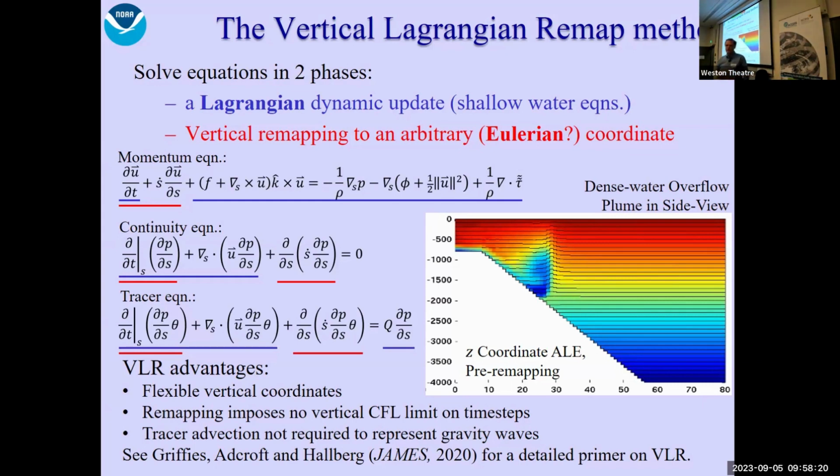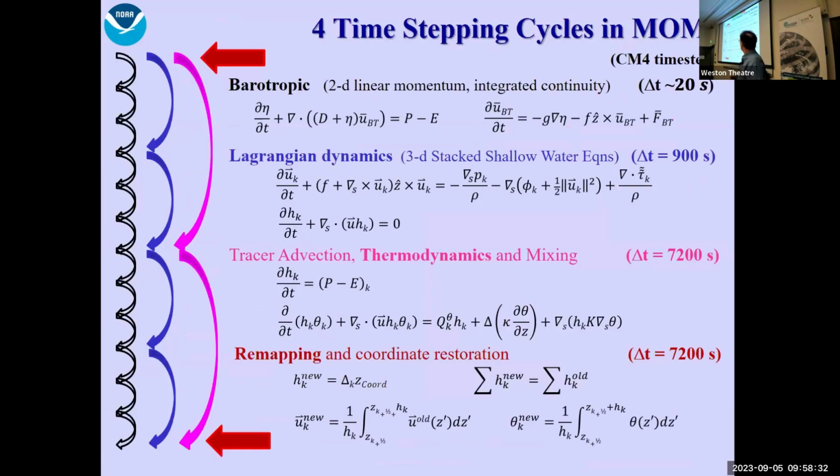This has a number of critical advantages. First, it offers flexible vertical coordinates, as I mentioned, but in this case, tracer advection is not required to represent gravity waves. And so we're able to use the model with 4 distinct time-stepping cycles. The first two are pretty common to ocean models: the rapid external gravity waves and internal dynamics. But when it comes to the tracers, we're able to use a much longer tracer time step that's not constrained by a horizontal CFL limit.